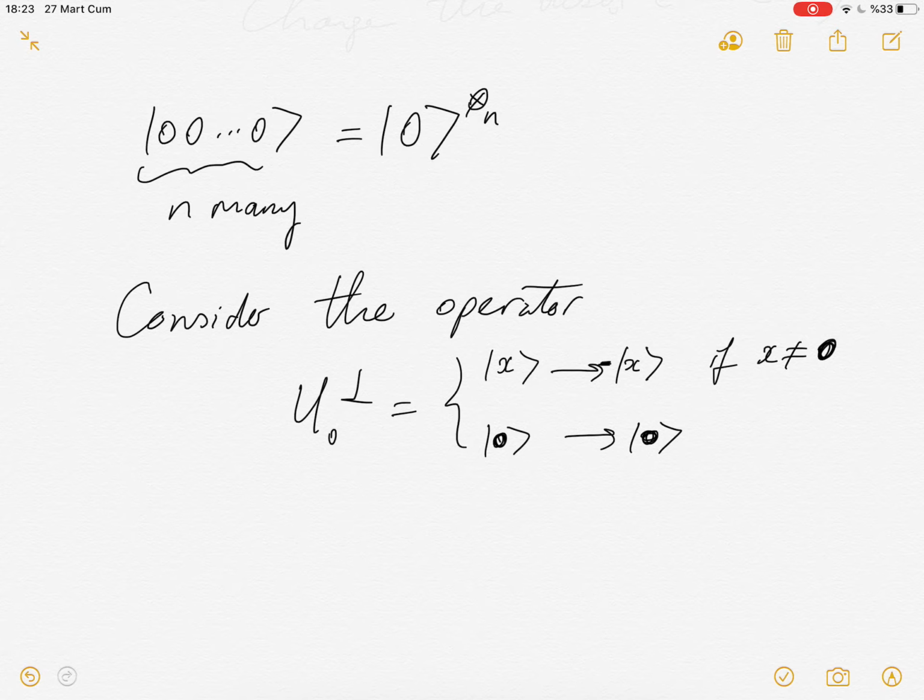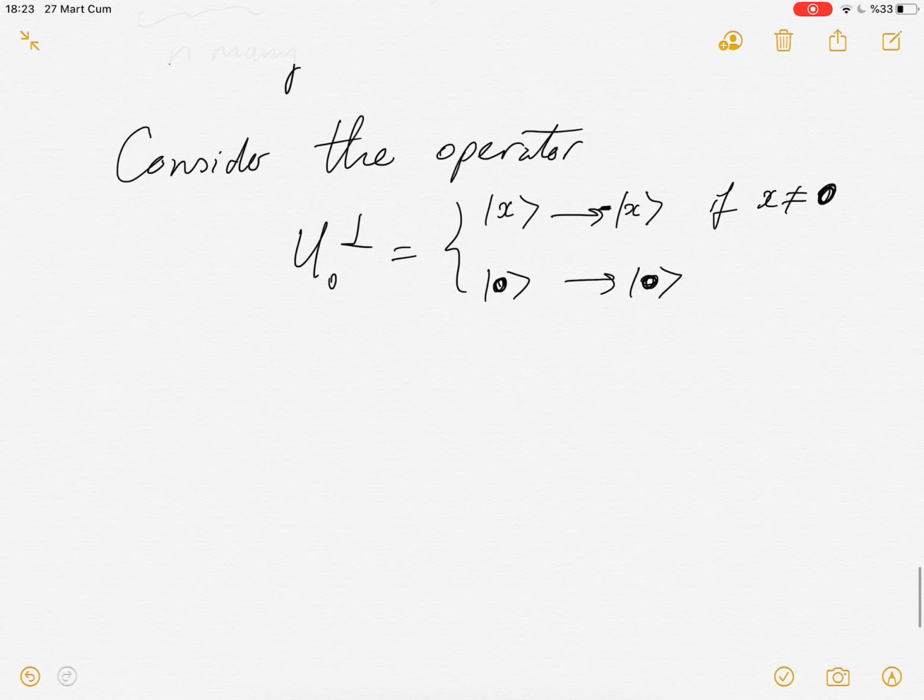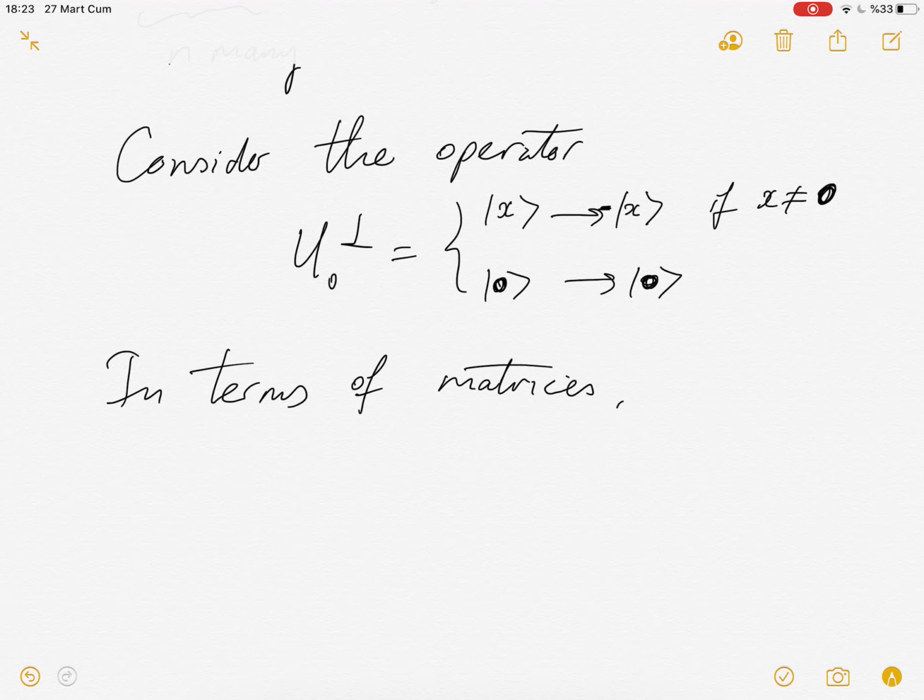All right. So in terms of matrices, we claim that this inversion around 0 is equal to 2 times the density matrix of 0 minus the identity matrix.